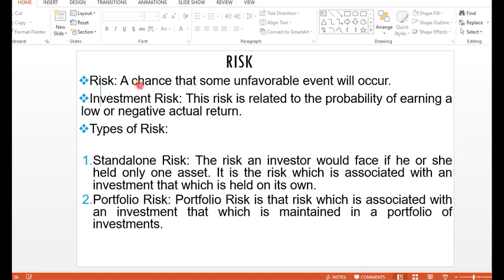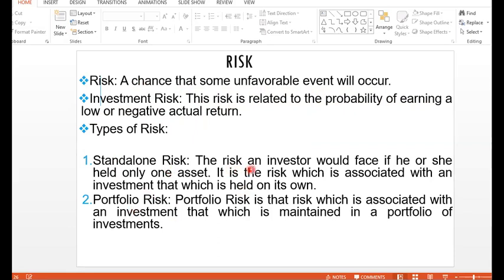What is risk? A risk is a chance that some unfavorable event will occur. What is investment risk? The risk is related to the probability of earning a low or negative actual return. There are two types of risk: standalone risk and portfolio risk.